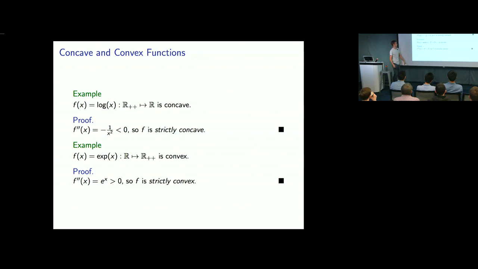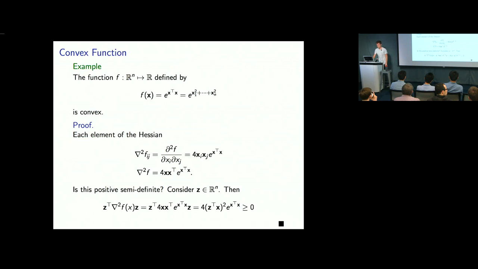Examples of this: the log is concave, so the second derivative of log is negative 1 over x squared, and ignoring 0, that's always negative, so it is strictly concave because it's negative and not non-positive. And then for e to the x, the second derivative is e to the x again, and so that's strictly positive, and so it's strictly convex.